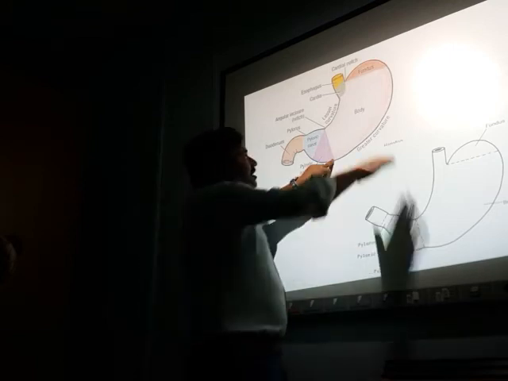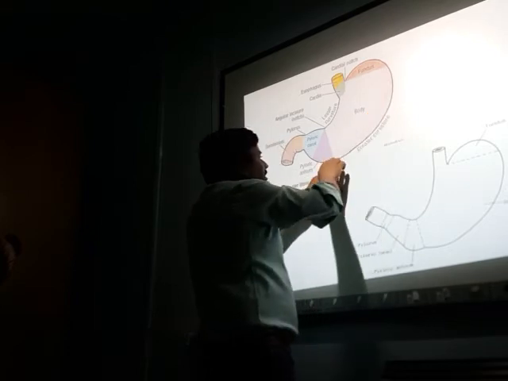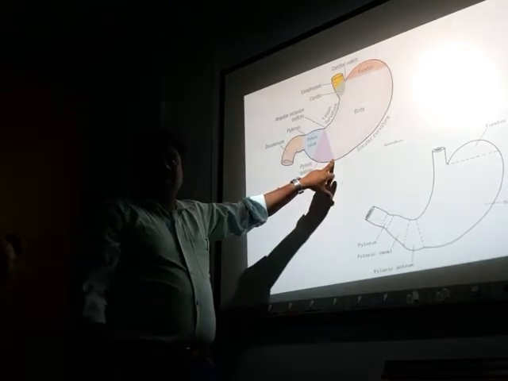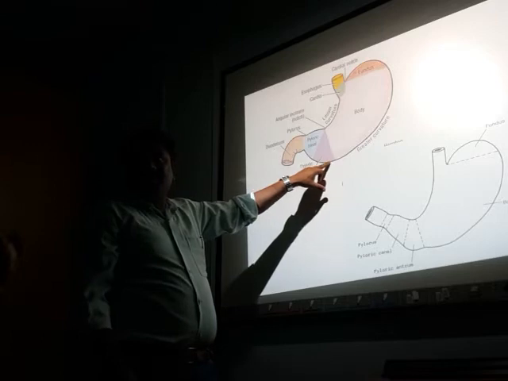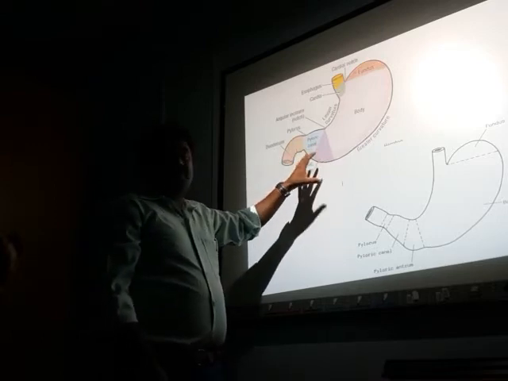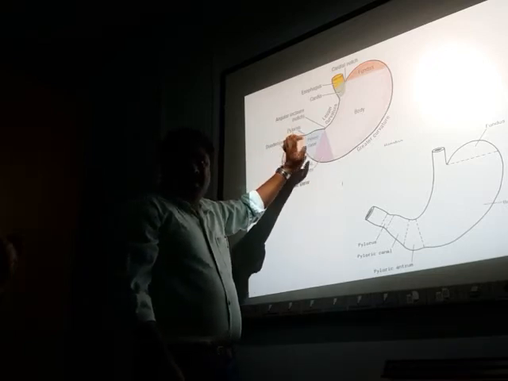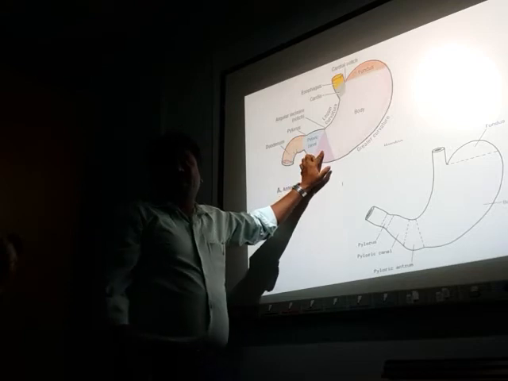The area between these two lines is called the body of the stomach, and the rest of the stomach beyond this line is called the pylorus. In this pylorus you have two parts. The most tubular part of the pylorus is called the pyloric canal, whereas the rest is called the pyloric antrum.